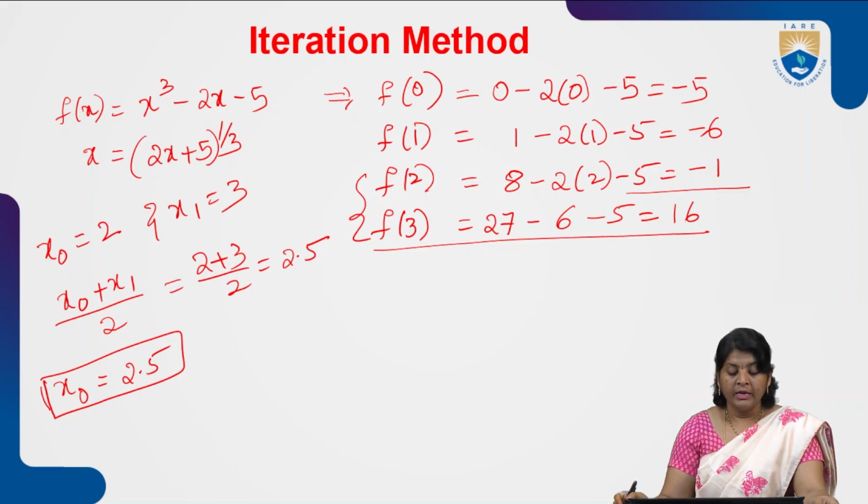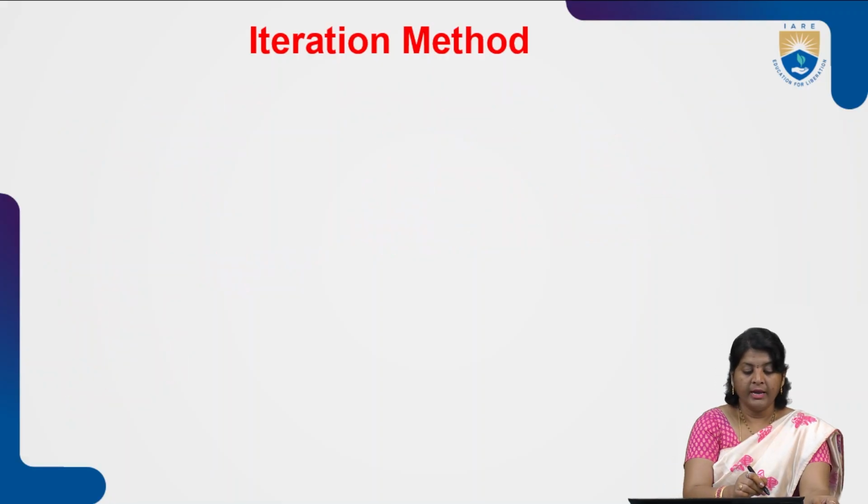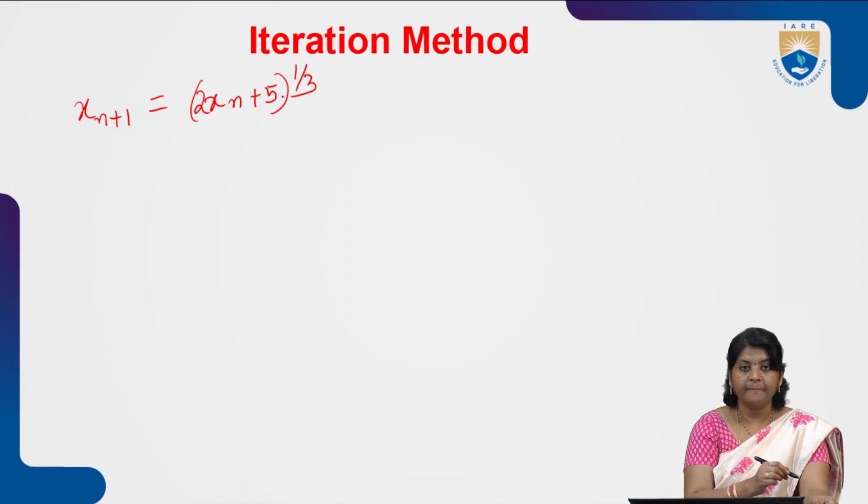Now, in the formula we will substitute and find the approximate root value. Since they didn't specify the number of decimals, we will consider up to 2 decimals or up to 4 decimals. So now, I have x(n+1) is equal to (2 into xn plus 5) whole power 1 by 3.